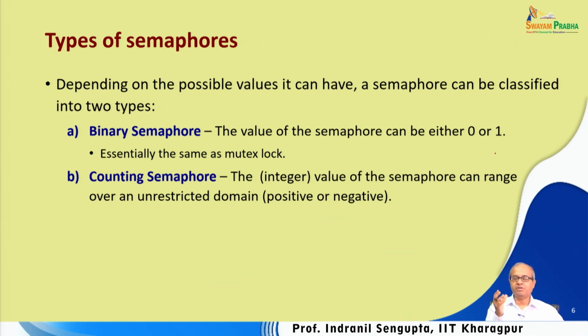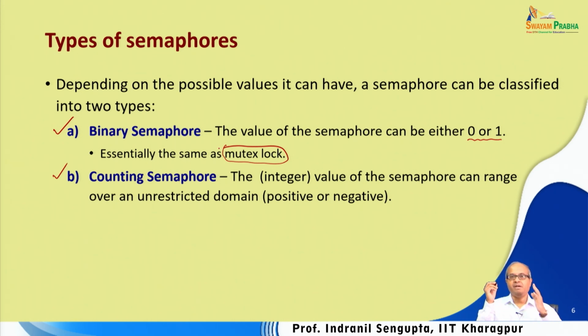So, depending upon the possible values a semaphore can have, we can classify it as a binary semaphore or as a counting semaphore. Counting semaphore is sometimes also referred to as a general semaphore. Binary semaphore means it can have a value 0 or 1. So, essentially this is very similar to a mutex lock as we have seen earlier.